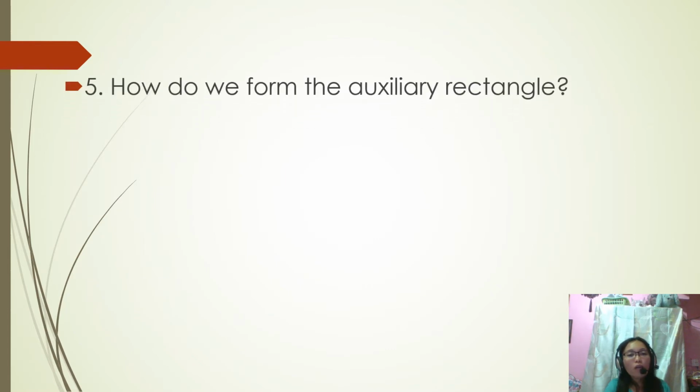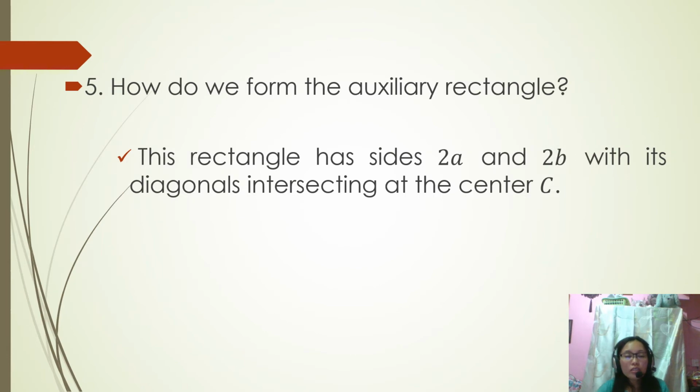Alright, so let's go to the next part. How do we form the auxiliary rectangle? Auxiliary meaning helping rectangle. This rectangle has sides 2A and 2B because this is your transverse axis and this is your conjugate axis, with its diagonals intersecting at the center.